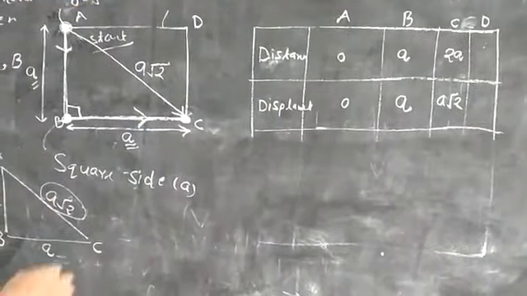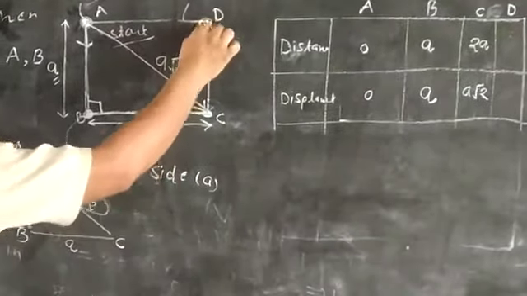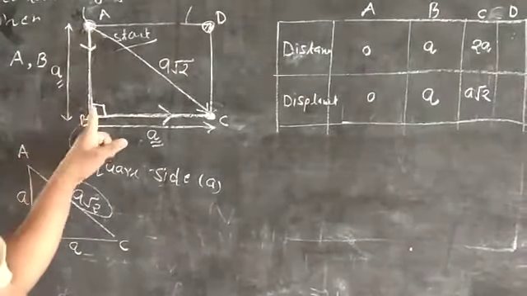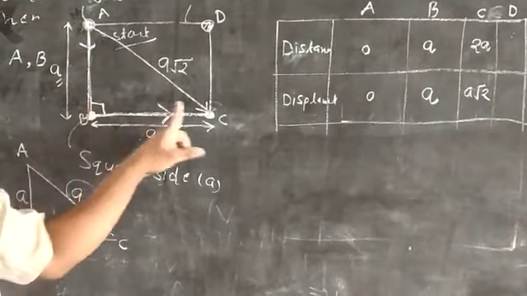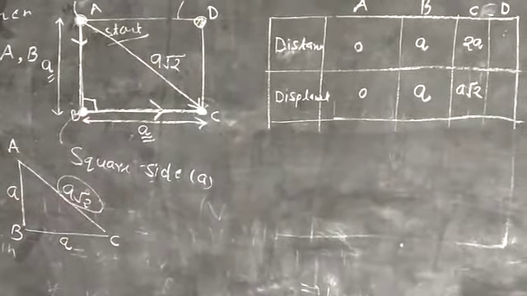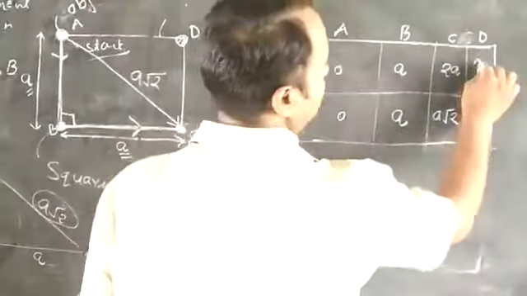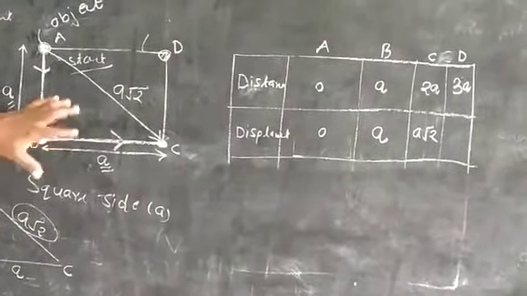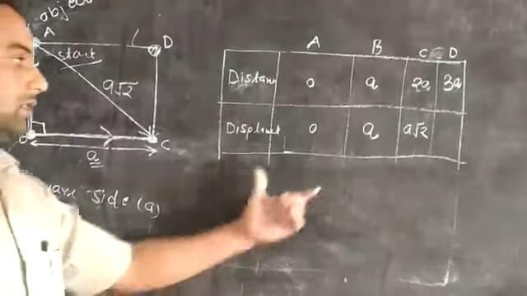Now finally the particle comes to point D. Here we see the particle covers A distance, A distance, and A distance, so overall it covers 3A distance when it reaches D. What is the displacement here?